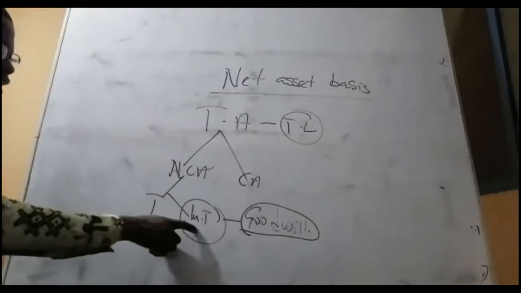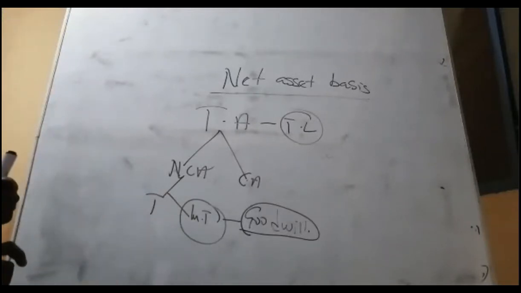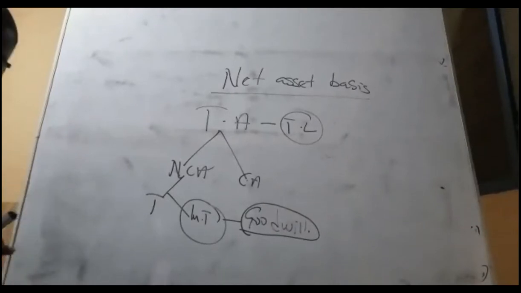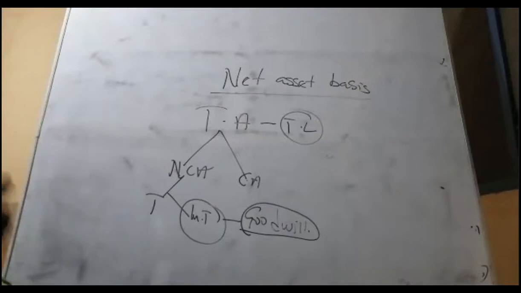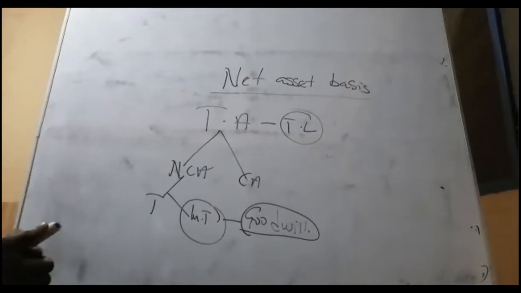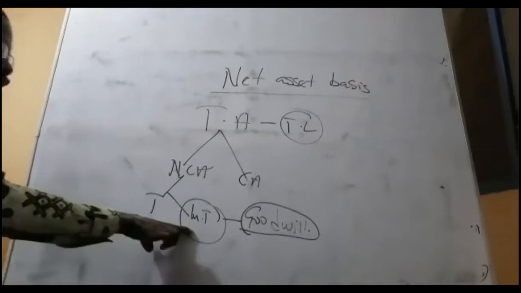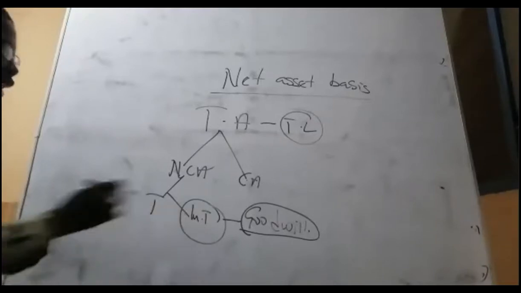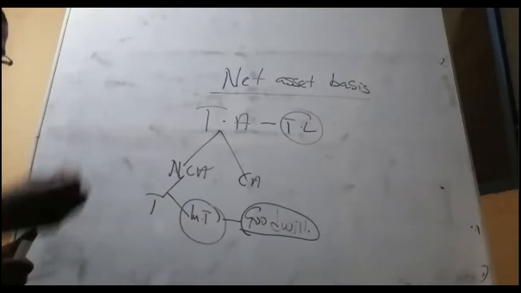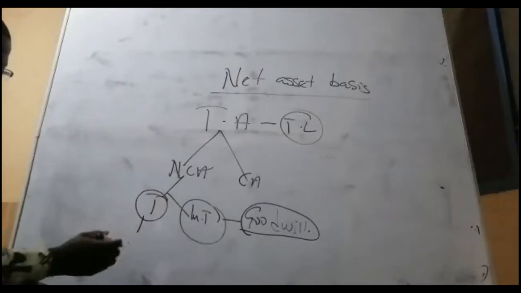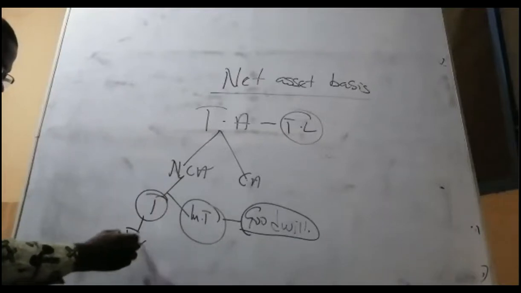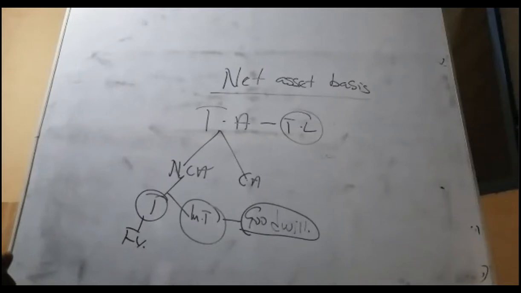But if that intangible asset does not have an active market or is not going to produce future economic benefits, please do not include it. It must be excluded. For the tangible non-current assets, as usual, the PPE must be at fair value if possible.